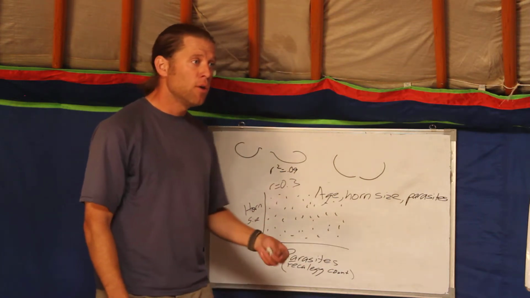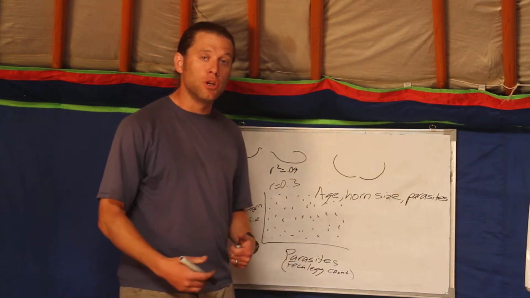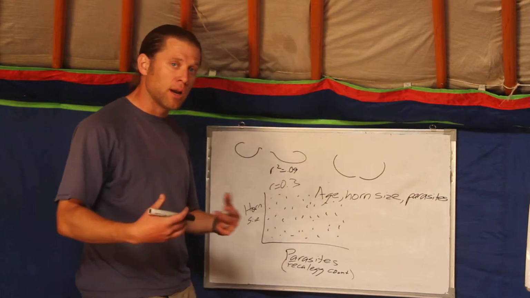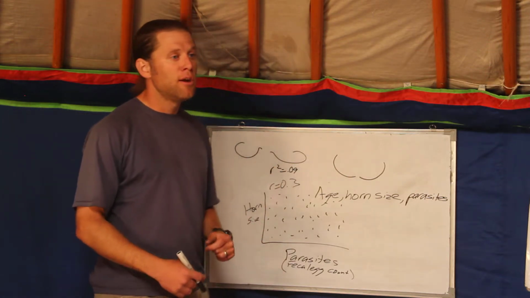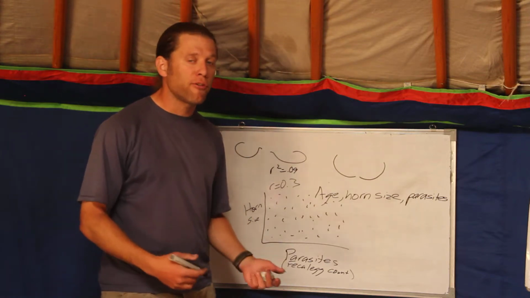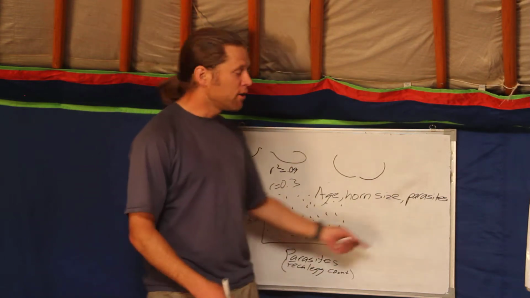Well, maybe whether you were a juvenile in really good years where there was lots of food around versus when you're in a drought. That's going to have a big effect on how big you can grow your horns. Your genetics are going to have an effect. Whether you got a lot of milk from your mother when you were a calf has a big effect, right? So there are so many things that affect horn size that are not parasites.